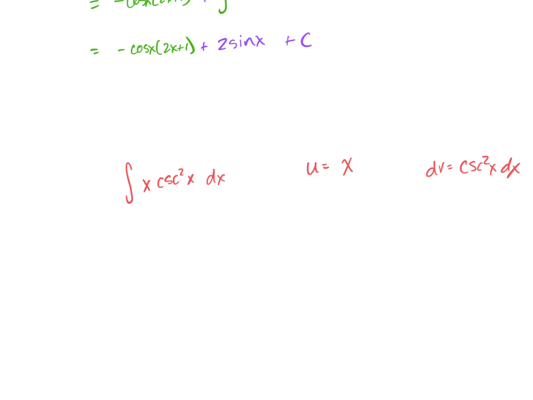It's very similar to secant squared, right? And the integral of secant squared is tangent. So the integral of cosecant squared is, you're really darn close, negative cotangent x. And du is dx.